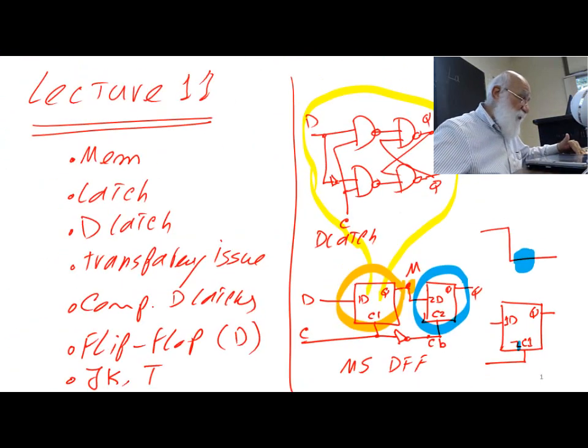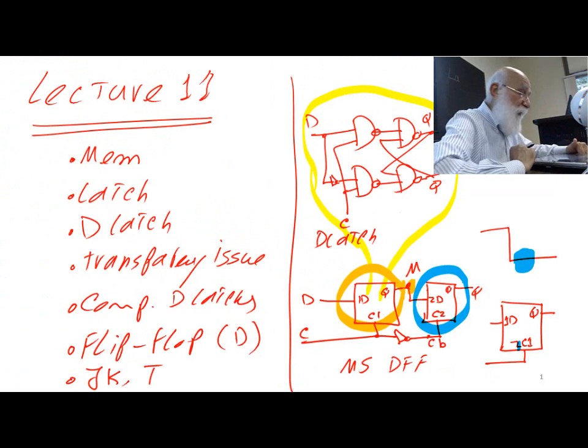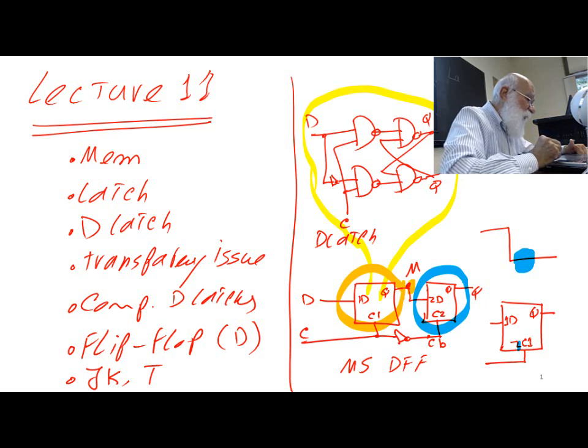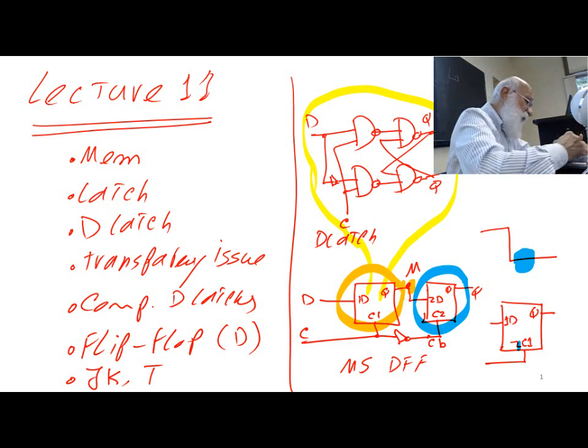To resolve this issue, look at each of these structures here. I've shown the gate level structure right above the orange latch, and you're seeing that there is a two-level logic, one for the clocking.